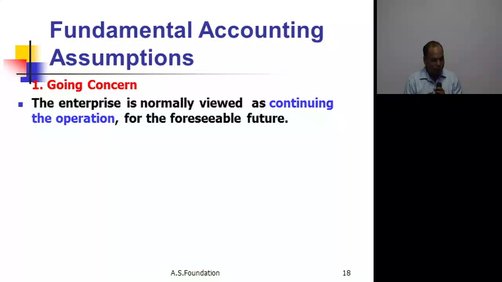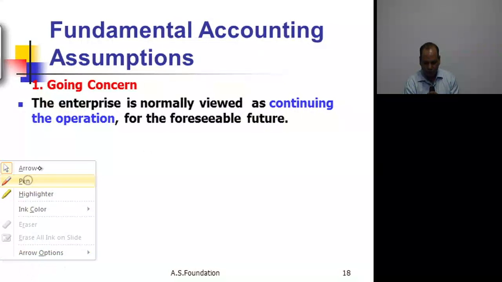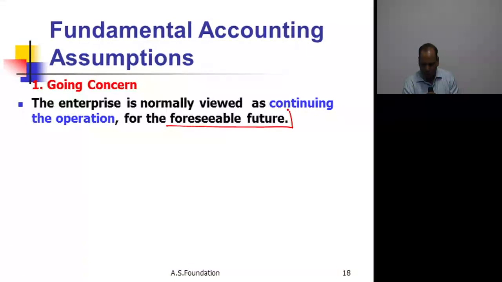What does that mean? It means indirectly the company is not going to wind up, close down, or liquidate its operations in the foreseeable future. What is foreseeable future? Foreseeable future means at least a period of 12 months.